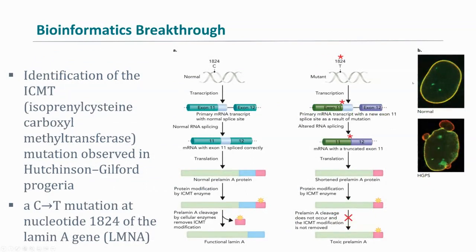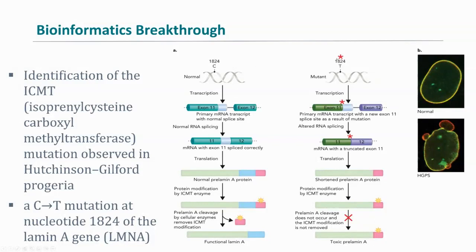And this is just an example to identify this ICMT mutation in Hutchinson-Gilford progeria, because from the bioinformatics they identified the particular nucleotide, and there's a single nucleotide polymorphism.